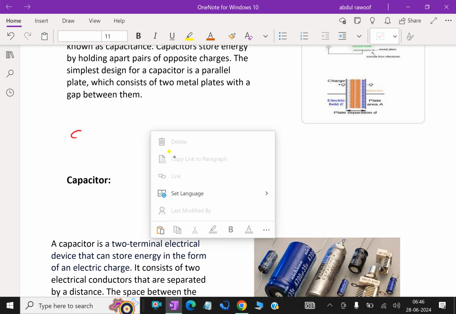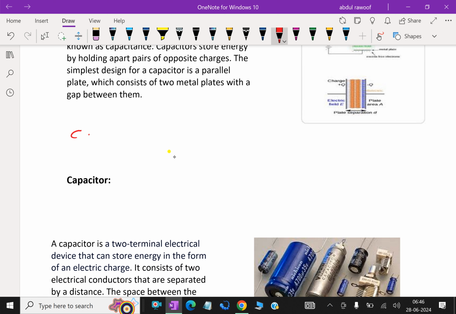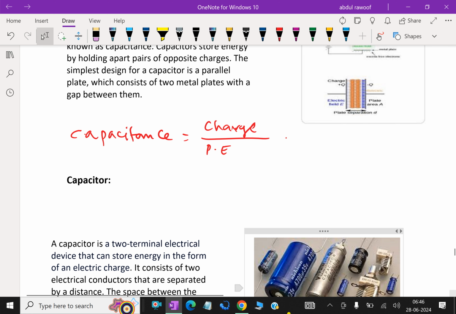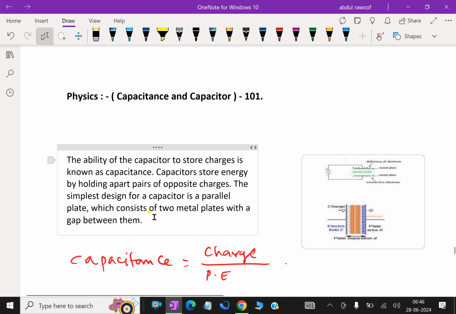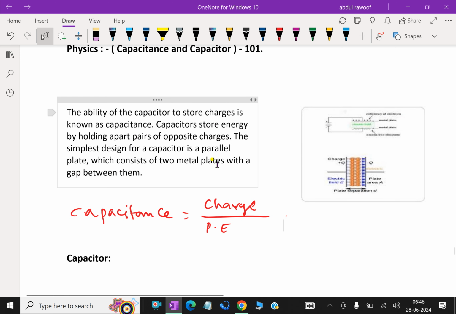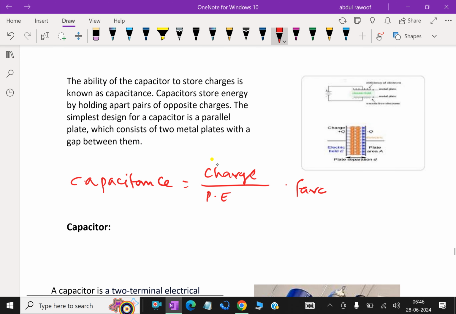Capacitance is charge over potential difference. It is measured in farad, so the unit is farad.